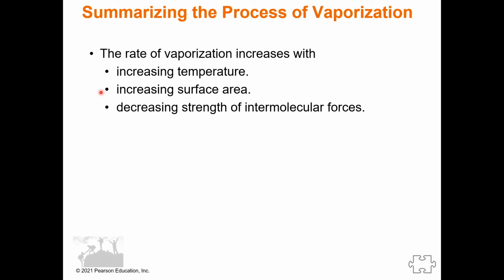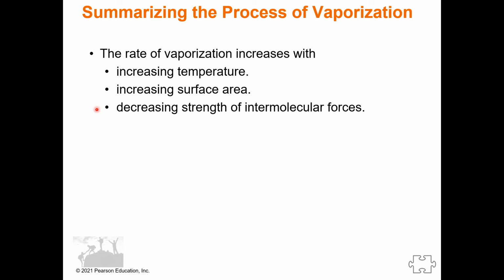If we increase the surface area, then we'll also increase the rate of vaporization. Just picture a glass of water and some spilled water on a table. That spilled water is going to dry up faster because of the increased surface area. The rate of vaporization there will be higher.